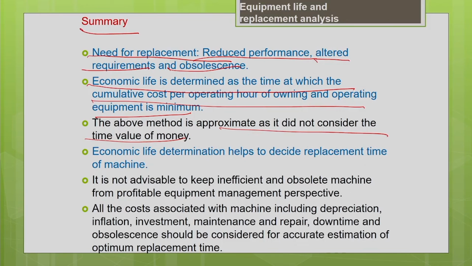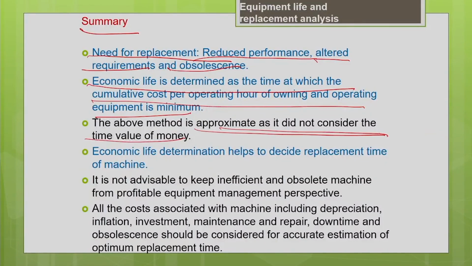As we discussed in earlier lectures, we should consider the timing of the cash flows and convert all the cash flows occurring at different time intervals into equivalent cash flows at a particular time period and make a rational comparison. That only gives you an accurate estimate. We are going to do this method in the upcoming lecture. So to get an accurate estimate, we have to consider the timing of the cash flows.